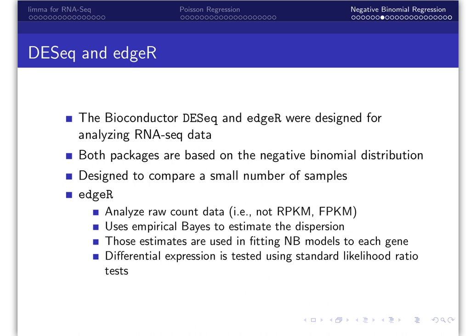This was due to the high cost of sequencing, and therefore both methods use some approach for sharing information across genes, which is similar to limma. edgeR uses an empirical Bayes procedure to shrink the gene-specific dispersions toward a common dispersion, which are then used in fitting the negative binomial model to each gene. Differential expression is then tested using standard likelihood ratio tests. After model fitting, the resulting p-values are typically used to estimate the false discovery rate.